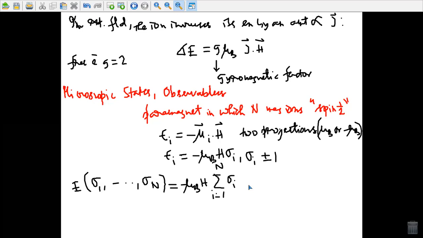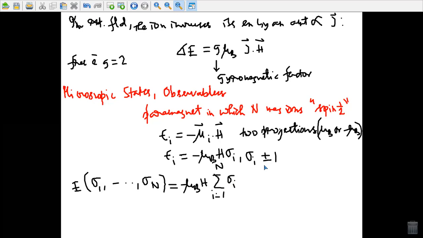So in the present case, the system has N degrees of freedom corresponding to N magnetic moments, which we denote by sigma_i. Each degree of freedom can assume one of two possible values, sigma_i equals plus or minus 1, because we choose ions with spin half.